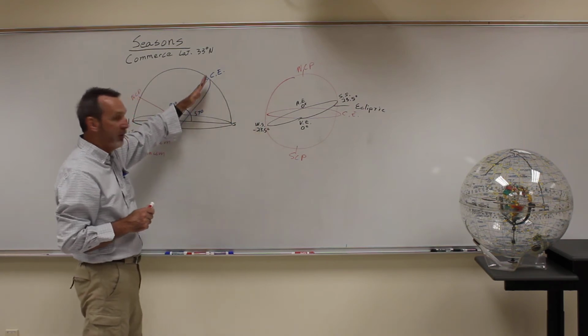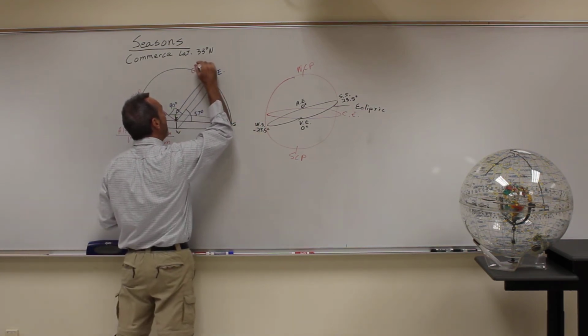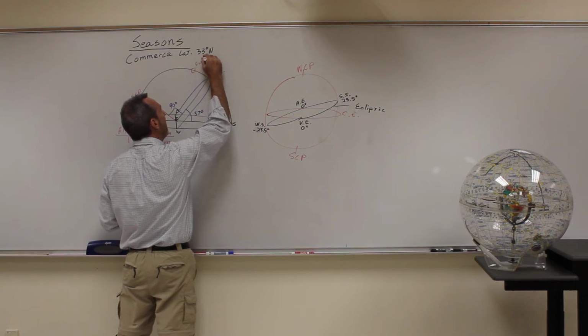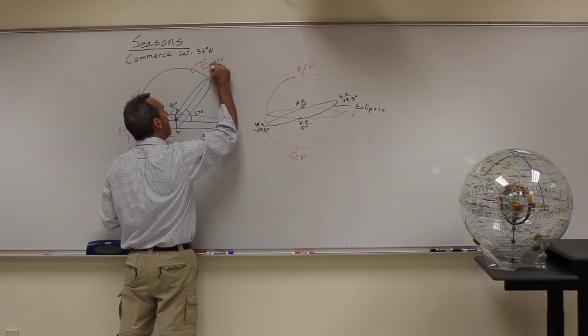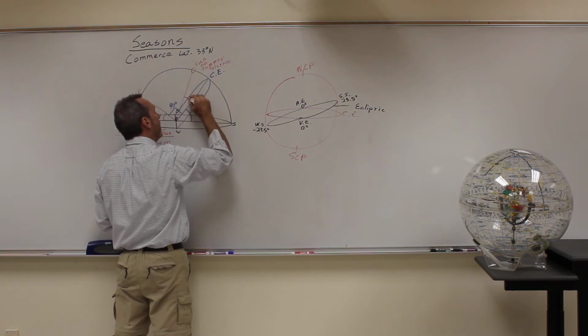So here's our celestial equator. So the sun is 23.5 degrees above it. The sun is up here. This is the sun on the summer solstice. And I can draw a line there, and this angle here is 23.5 degrees.